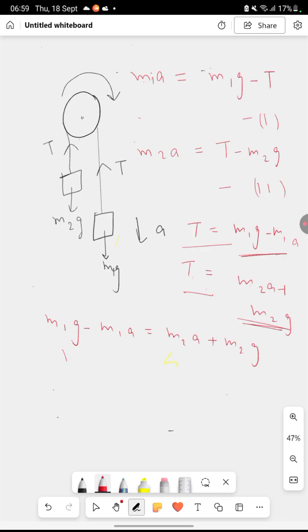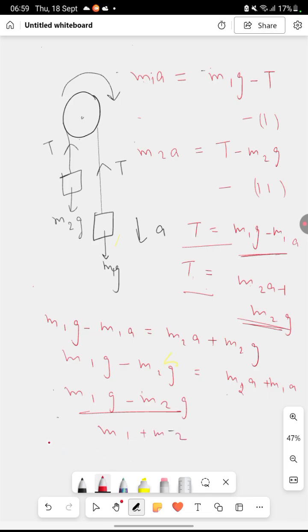So M1G minus M2G equal to M1A plus M2A. Okay, so from here acceleration can be found: A equals (M1G minus M2G) upon (M1 plus M2).